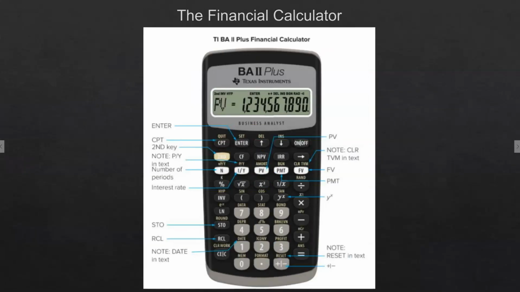All right, so we are going to start using the financial calculator, and you just want to really pay attention to how to put things into your financial calculator, and notice that we have this enter key, so we have to use that for some of the things that we're going to be doing. And then we'll also use the second key, we'll use the TVM keys. I don't think we use the enter key too much just yet, but we will down the road.